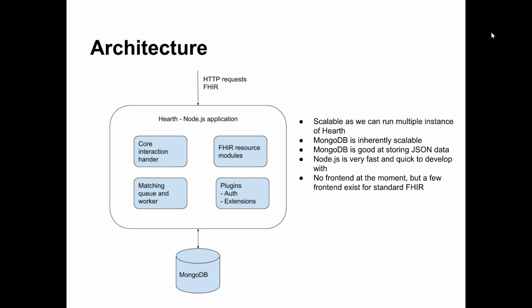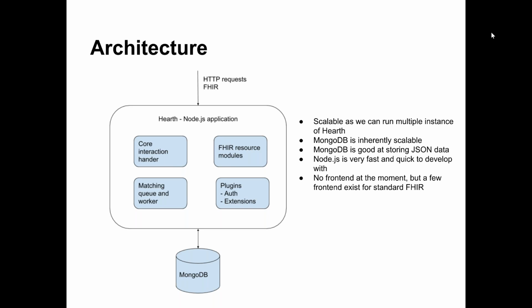I don't know where it cut off, so I'll just start explaining the slide again. This is just a base overview of the architecture of HEARTH. It's got a few components in the middle box there, which are within the HEARTH application. And then it talks to a MongoDB database at the back end.